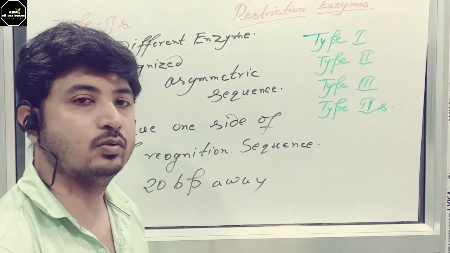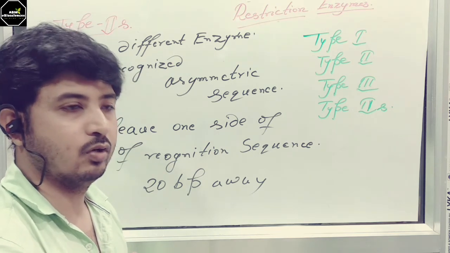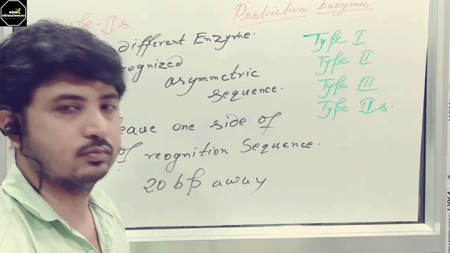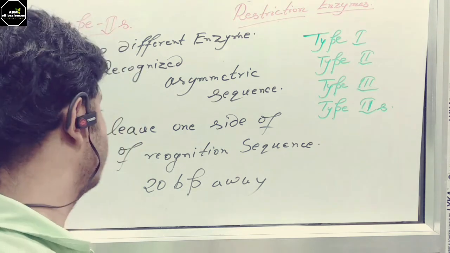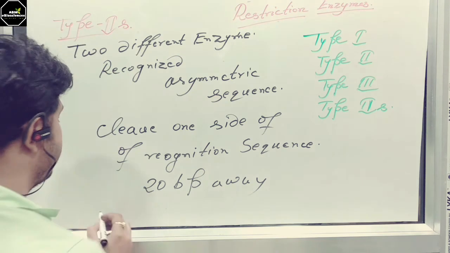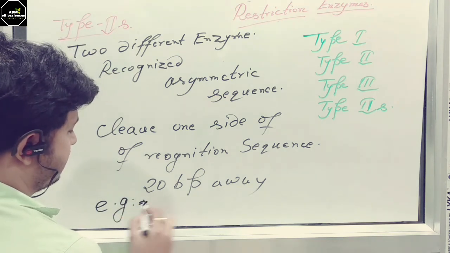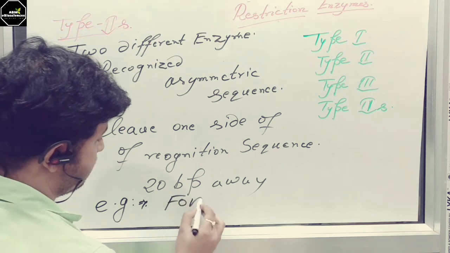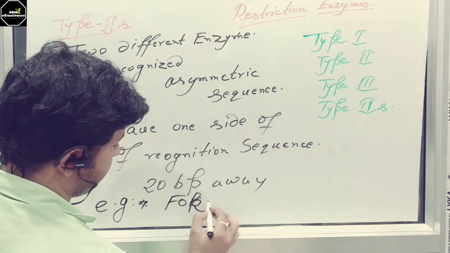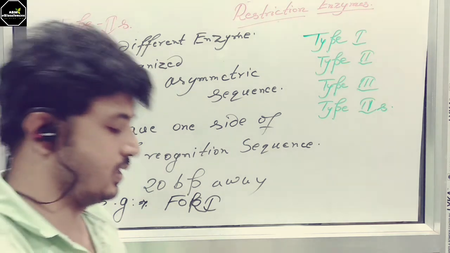So that's why you do not use this enzyme in molecular biology or molecular cloning or any kind of recombinant technology work. But this also has a specific function in different bacterial cells and other cells. So I'll give you an example, FokI. It's a kind of type 2S restriction enzyme.